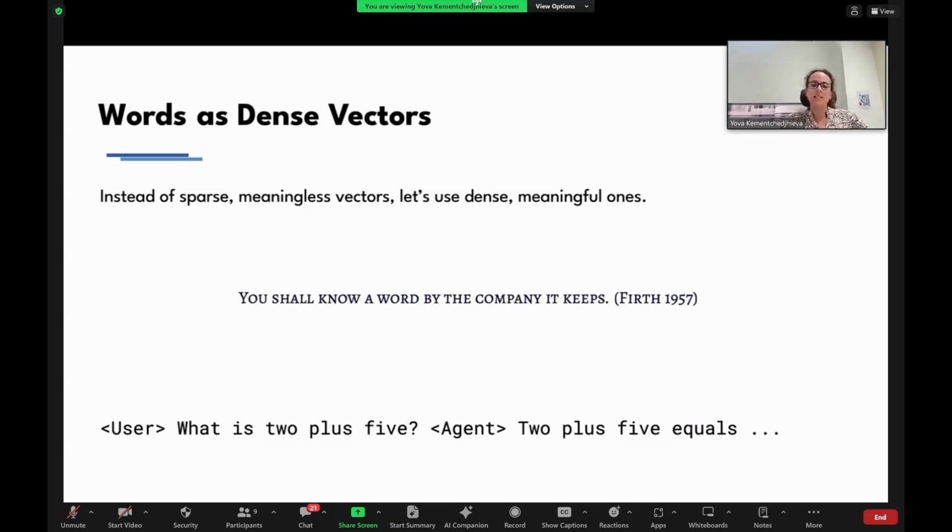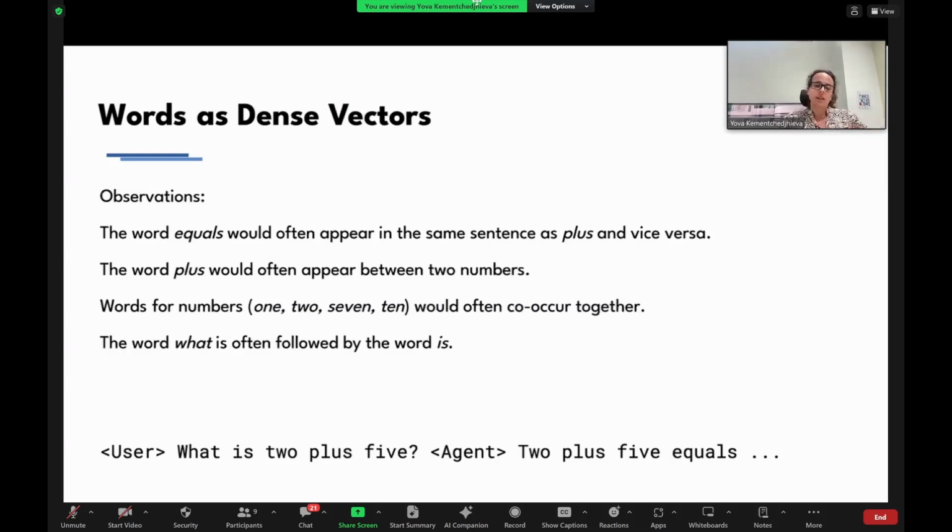What that means is, if we look at the text we have here and generally think about what we know about language, the word equals would often appear in the same sentence as the word plus and vice versa, because these are both mathematical terms. The word plus would also often appear between two numbers. Words for numbers would often co-occur together because we might want to express something like the year 1993, or we might want to say 2.7, and so on. So numbers often co-occur together.